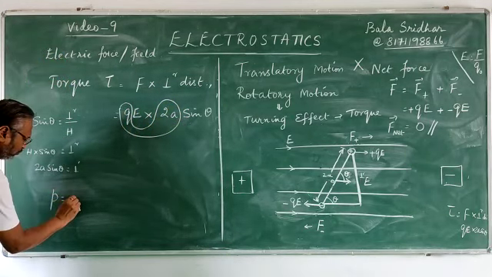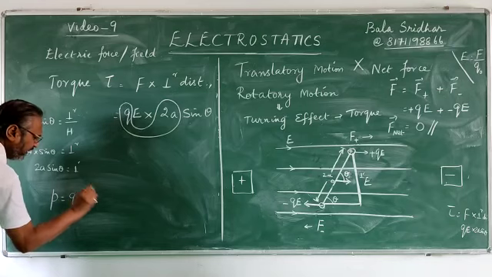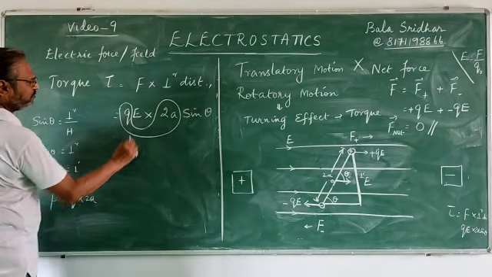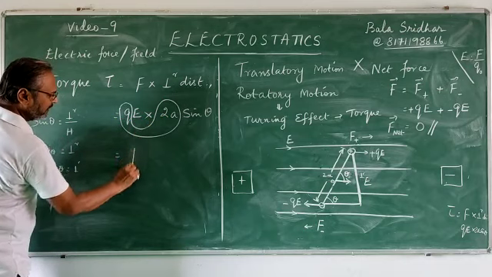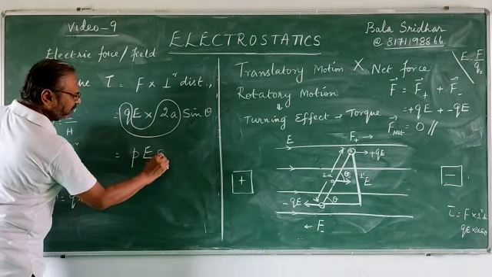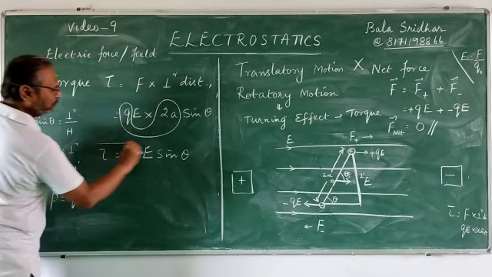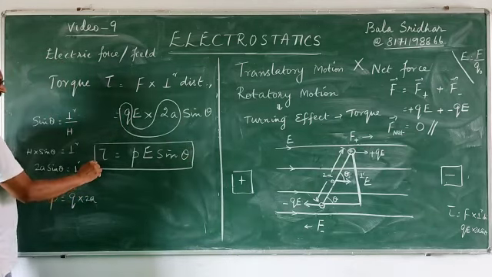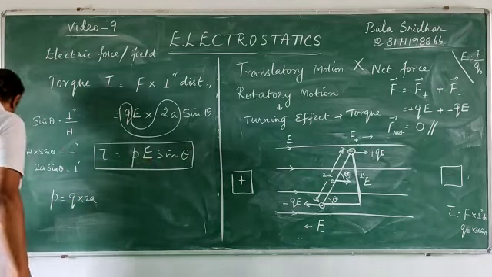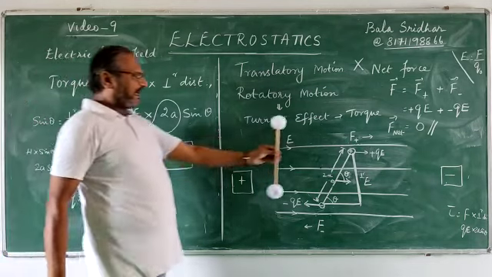P is equal to Q into 2a. So I will put it, instead of Q into 2a, P into E into sin theta. And that is the formula for the torque set up, where theta is the arbitrary angle.